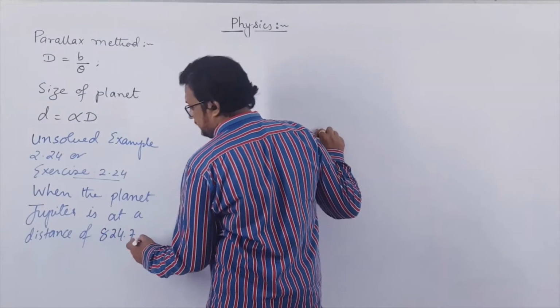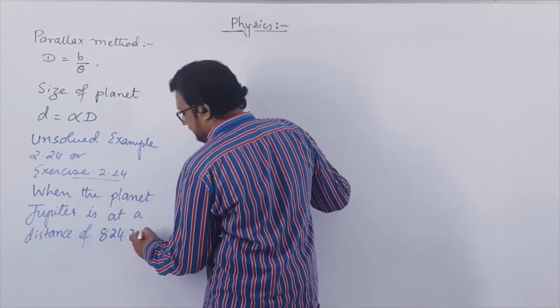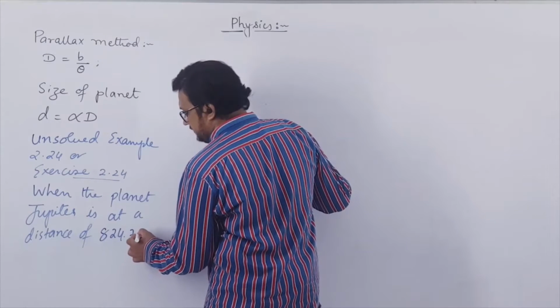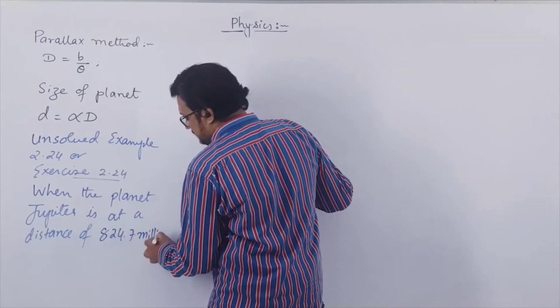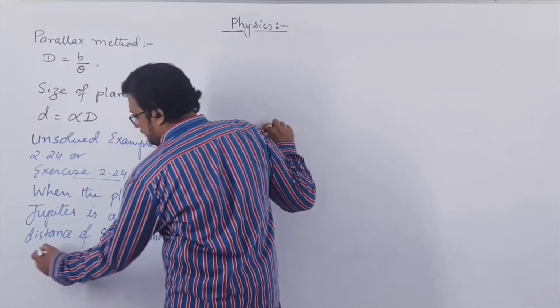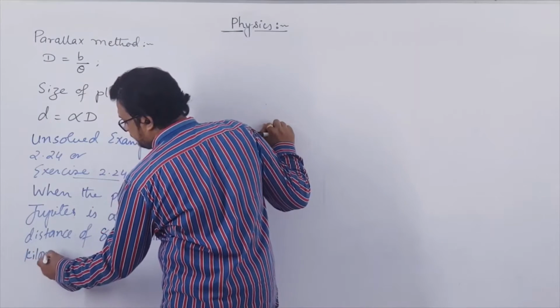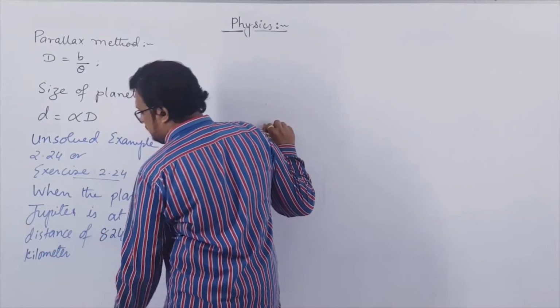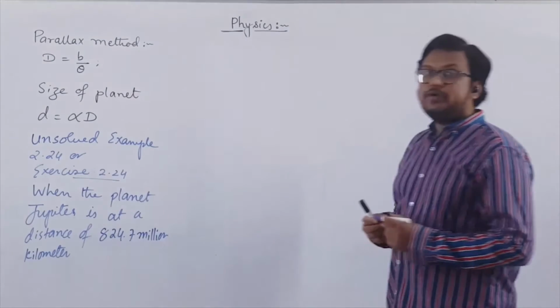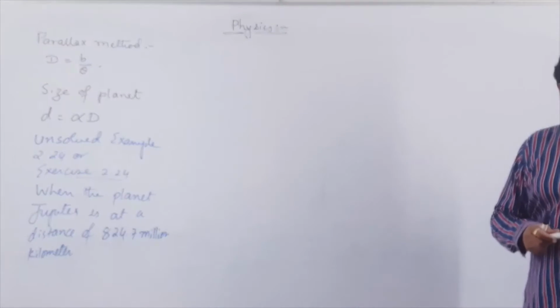Million means 10 raised to 6. 824.7 million kilometer from the Earth.